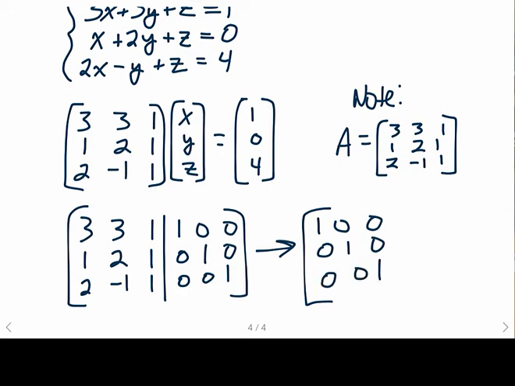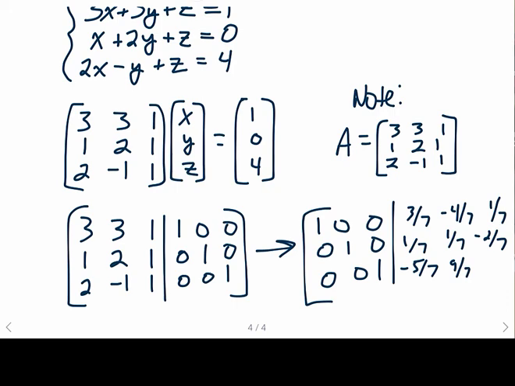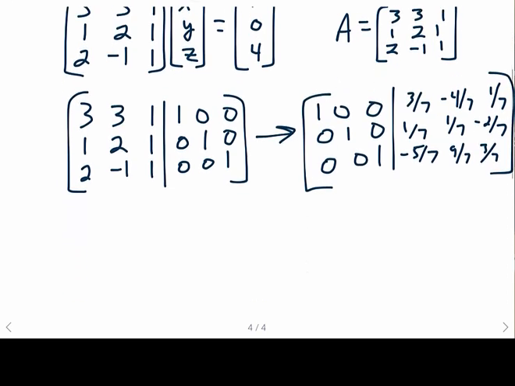What we found in that previous video is that A inverse turned out to be [3/7, -4/7, 1/7; 1/7, 1/7, -2/7; -5/7, 9/7, 3/7]. And so that's our A inverse. I'll just write it and not say it all again to spare you.